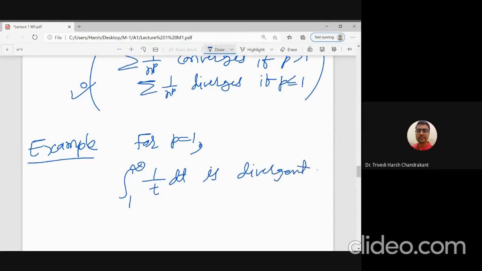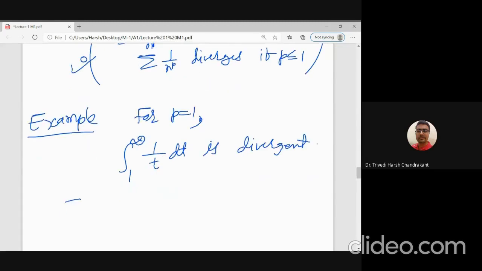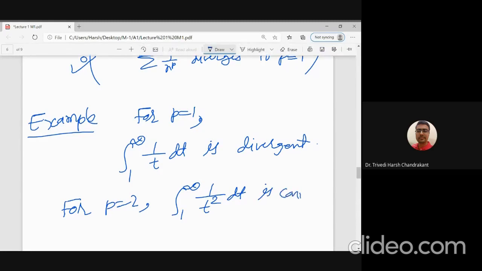Here you can also compute this integral directly using the definition, and that is exactly what we verified in the previous example. And for p equal to 2, the integral of 1 upon t power p becomes 1 upon t square, which is convergent, right?